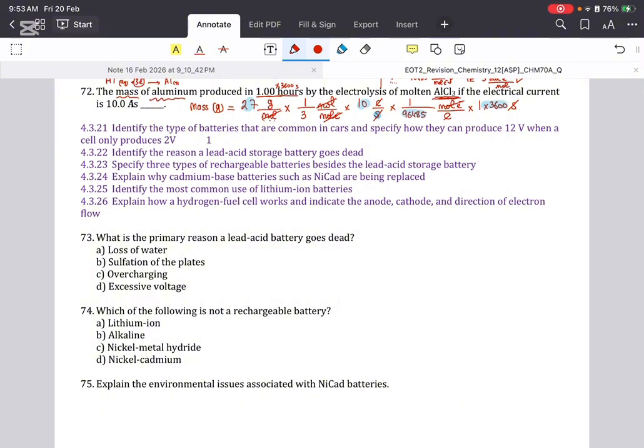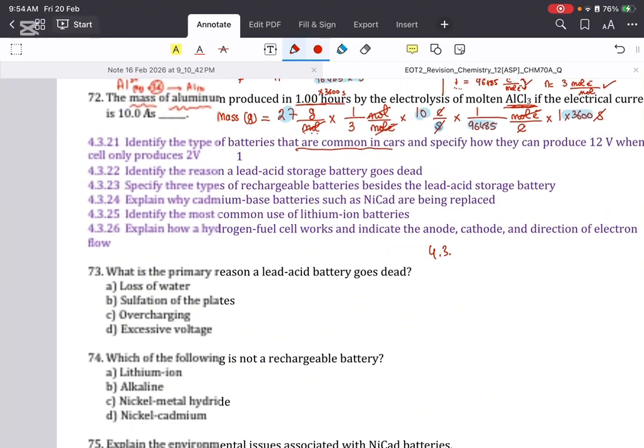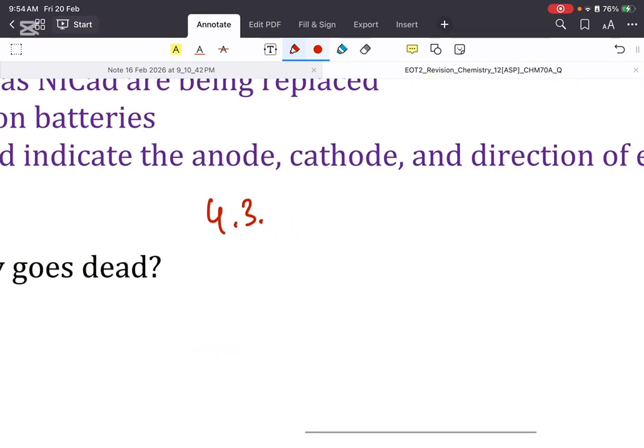Here: identify the type of batteries that are common in cars and specify how they can produce 12 volt when a cell only produces 2 volt. What does that mean? This is KPI 4.3.21. I'm also going to talk about the reason a lead acid storage battery goes dead, so both of them, 21 and 22.